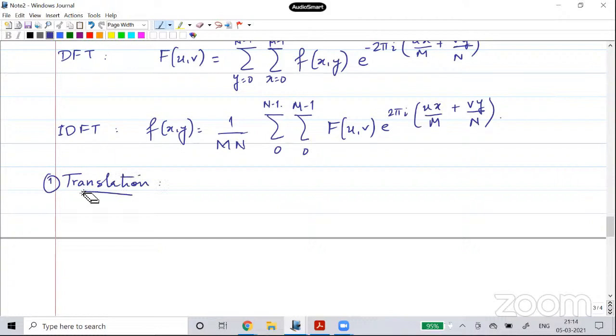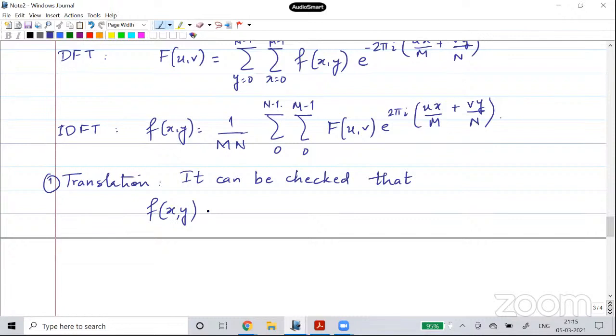So this I will not prove. It can be checked, and it's not difficult also. Mathematically quite straightforward to check that f(x,y), if you multiply f(x,y) by e raised to 2 pi i (u naught x over m plus v naught y over n).